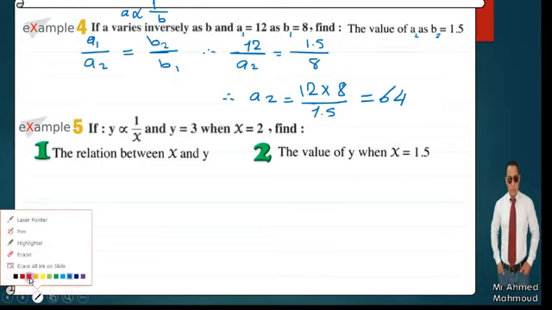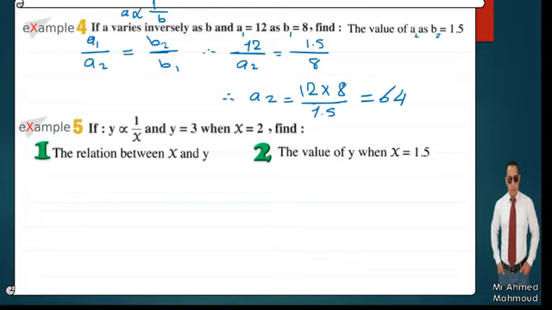Now I will write the given here: y1 equals 3, x1 equals 2, y2 is unknown, x2 equals 1.5.